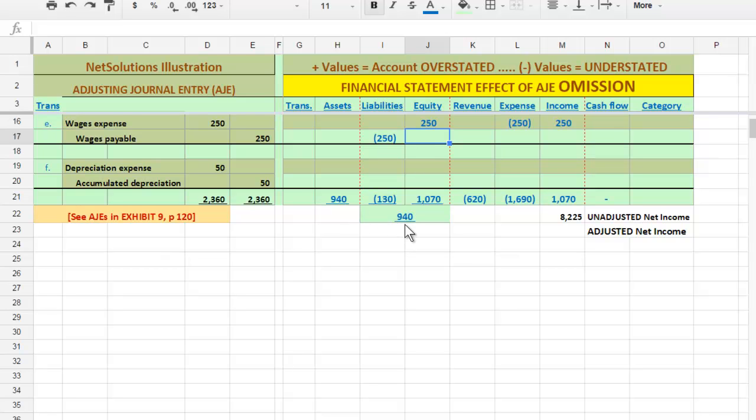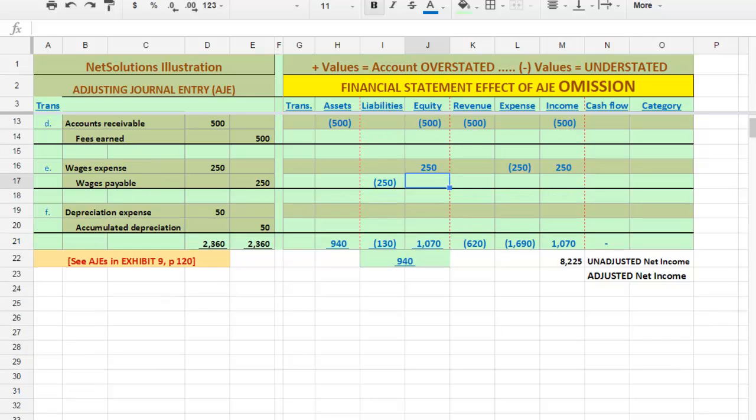Since the balance sheet balances, we have explained the effect of omitting entry E, which would be to understate liabilities, understate expenses, and overstate income and equity.